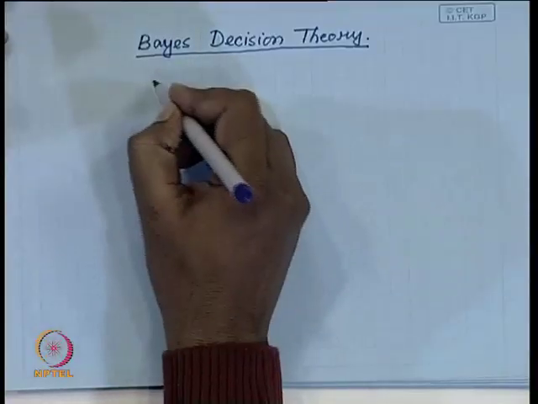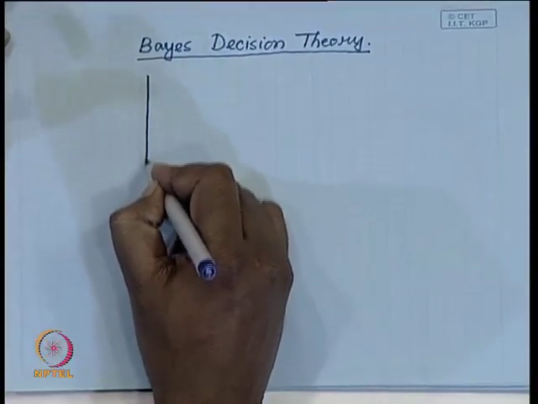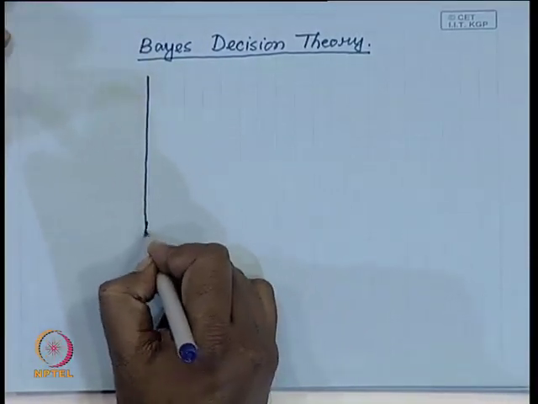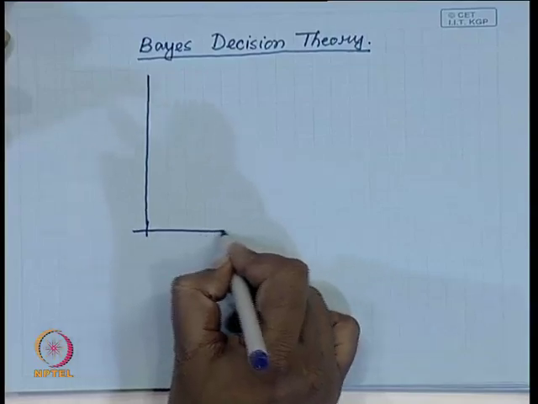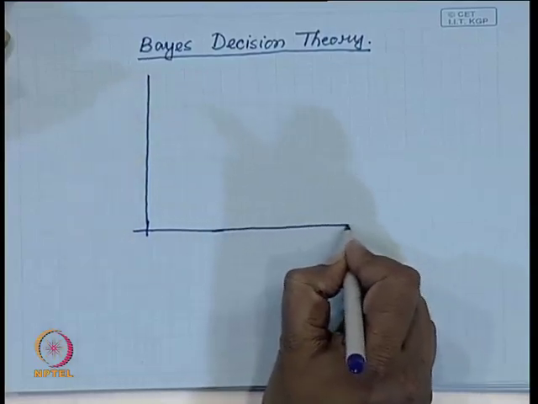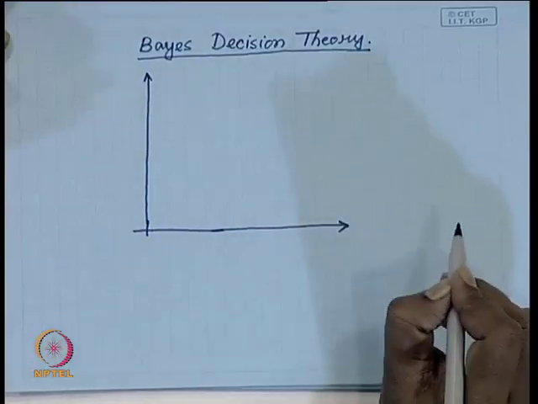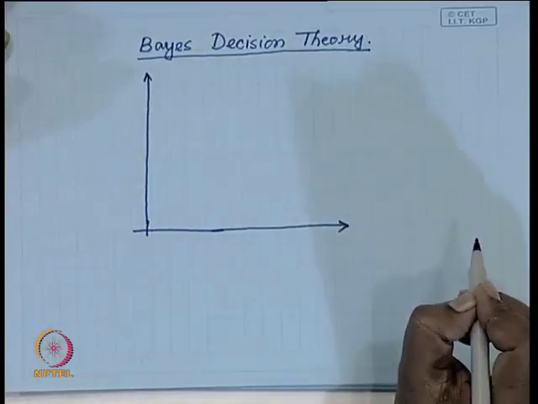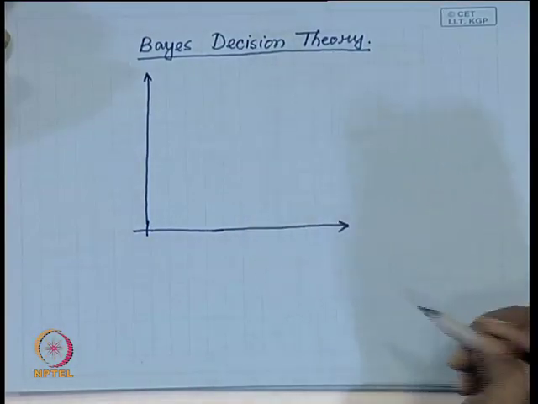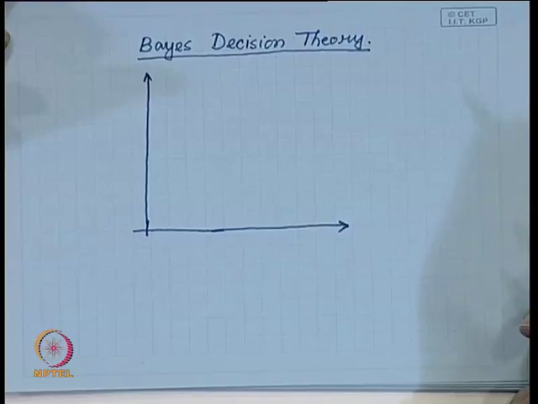Taking a very simple example, suppose we have 2-dimensional feature vectors. I am taking this example of 2-dimensional illustration because I can very easily plot or demonstrate what happens in 2 dimensions.